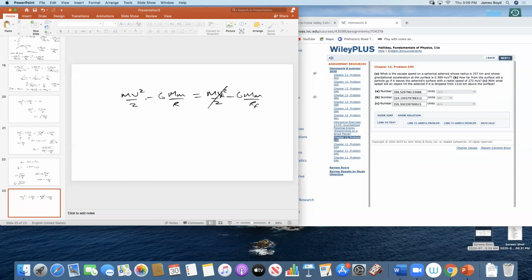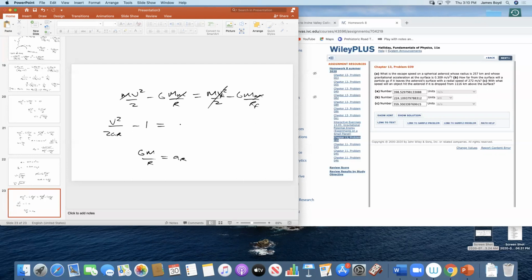Given v, little m's cancel. And what is big M here? If I divide through by GM over R, knowing that that is ar, so divide through by 1 over ar, I get v squared over 2ar, this is minus 1, right?